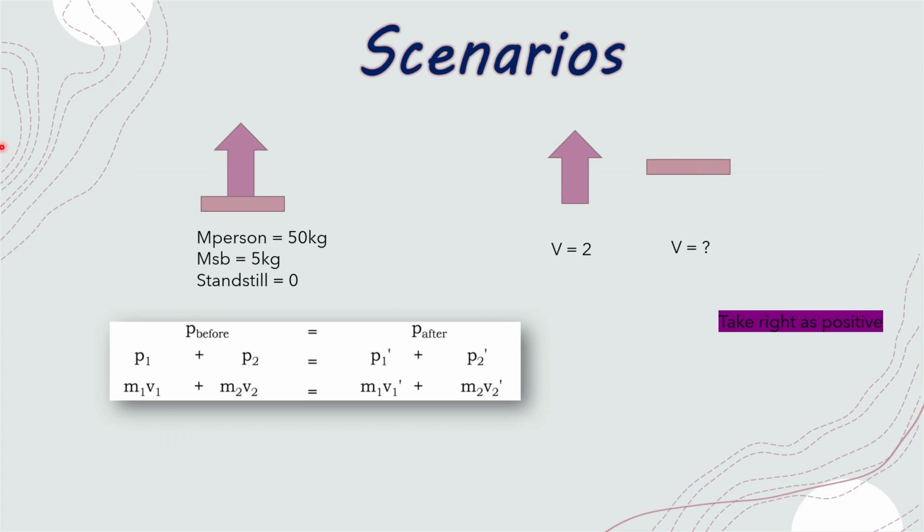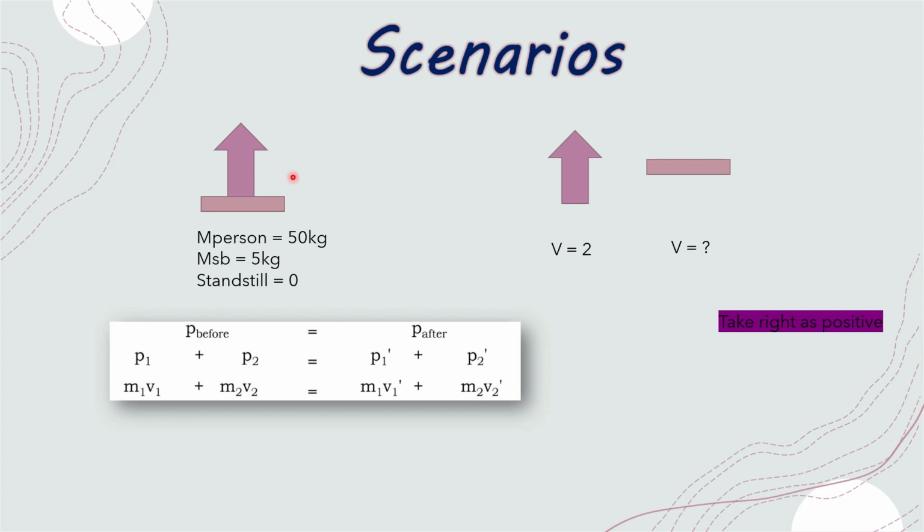This is another scenario. So this arrow, imagine, is a person and this is a skateboard. So the person's mass they've given, the skateboard mass they've given, and the velocity is 0. At the end, the velocity is 2 and the velocity is unknown. We're taking right as positive, and this is the same formula.